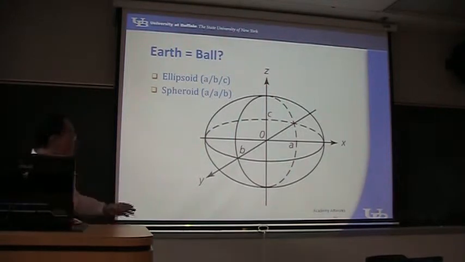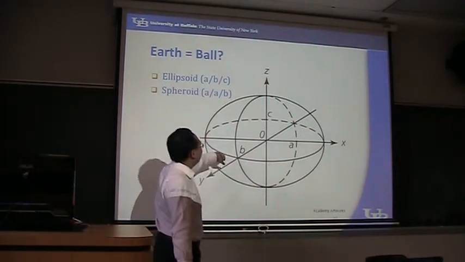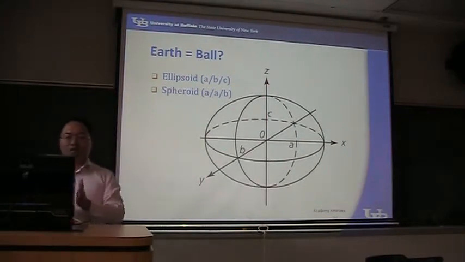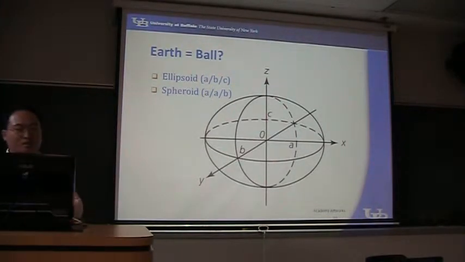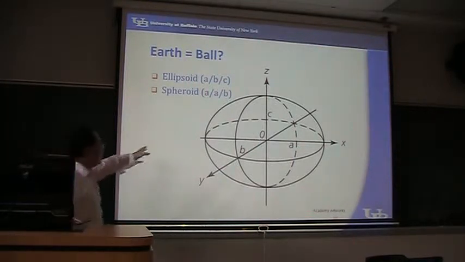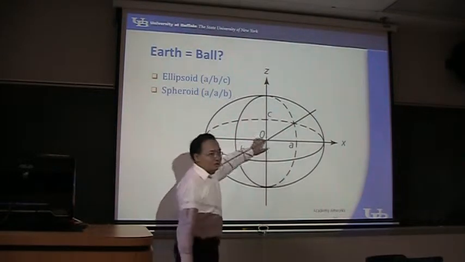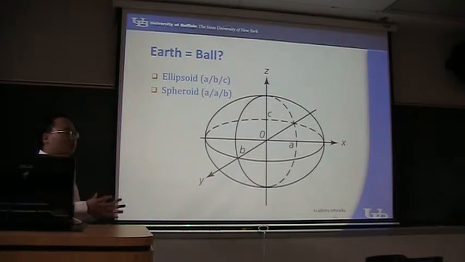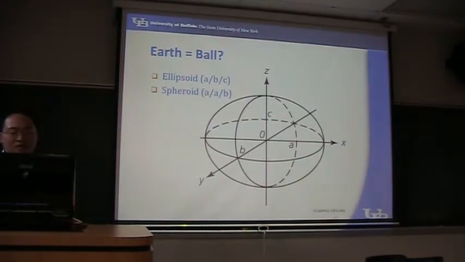And if two axes are of the same length, then it becomes a spheroid. But none of these is a perfect ball. And if we decide this axis length, then we'll be able to decide the coordinate, I mean the longitude and latitude of a certain place.